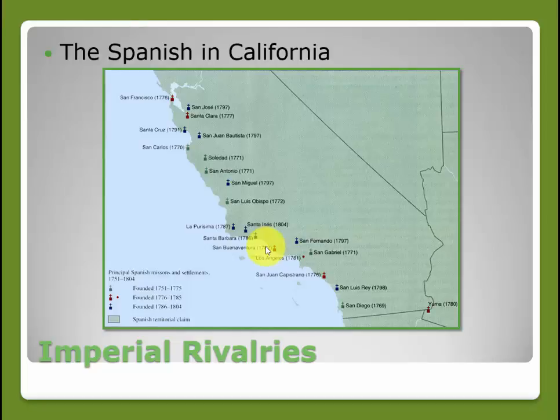So what do you need to know about this section? You need to know who Father Junipero Serra is. He founded the first mission in California, the very first one, in San Diego. Serra was also widely praised in Spain for converting thousands of Indians.